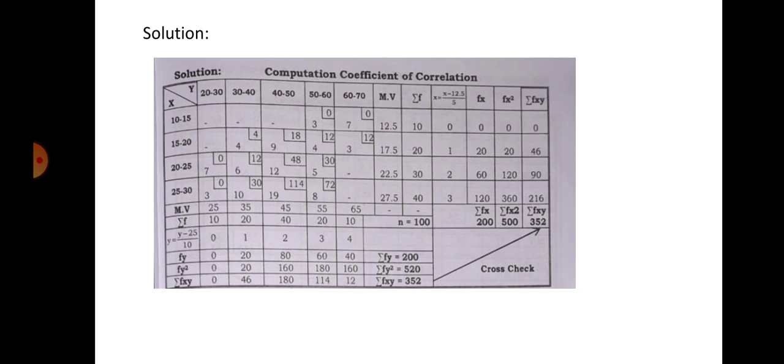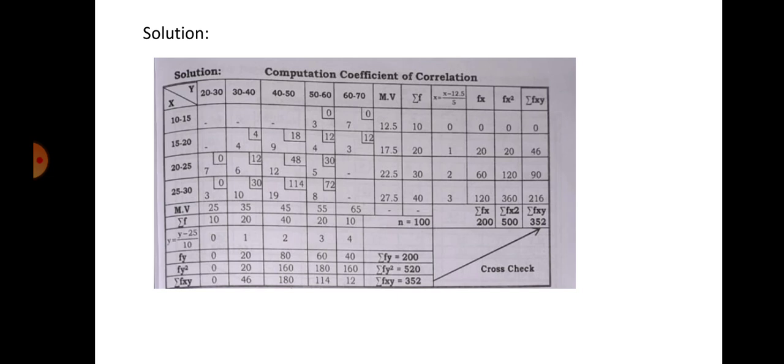Next, 4 plus 9, 13, plus 14, 17, plus 3 is 20. Next, 7 plus 6, 13, plus 12, 25, plus 5 is 30. Third row sum of the cell frequencies, next 3 plus 10, 13, plus 19 is 32, plus 8 is 40.